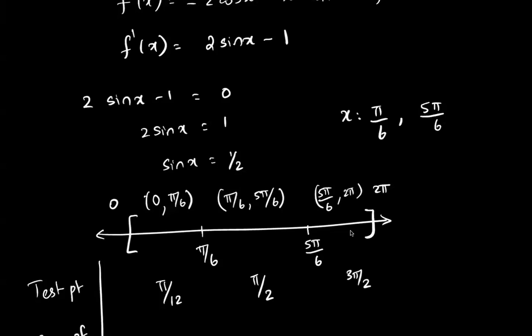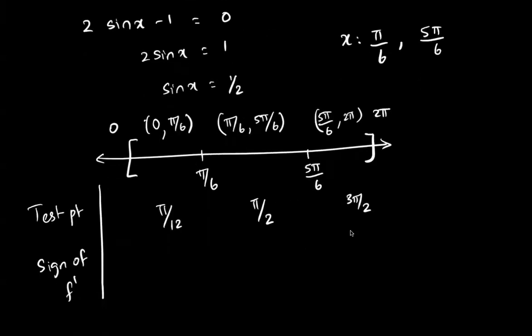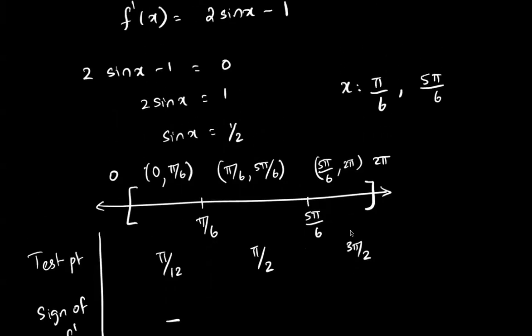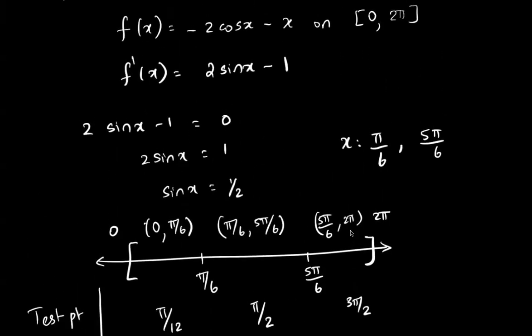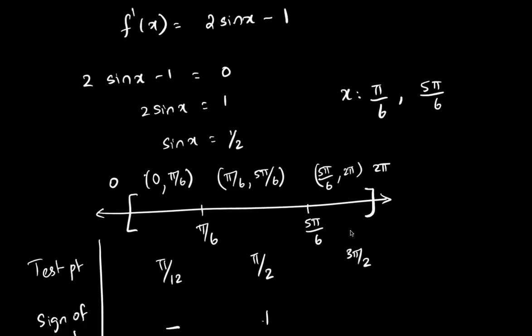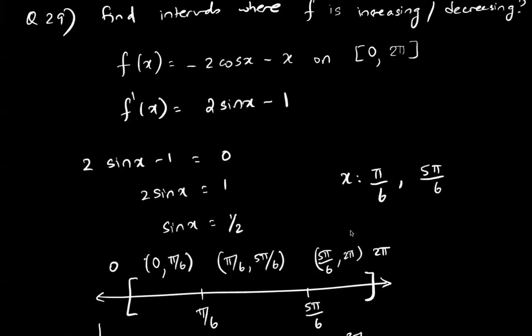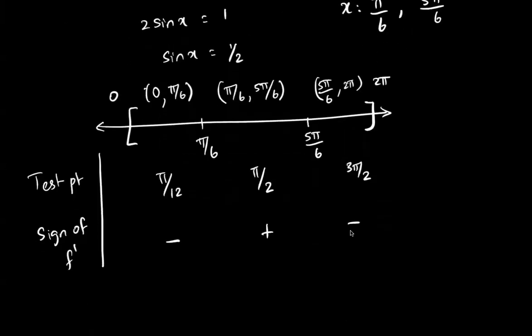Which means 2 sine pi over 12 minus 1 is going to be a negative number. Then I put pi over 2. Sine pi over 2 is 1, so 2 minus 1 is 1. That is positive. 3 pi over 2: sine 3 pi over 2 is negative 1, so negative 2 minus 1 is negative 3. That is negative.